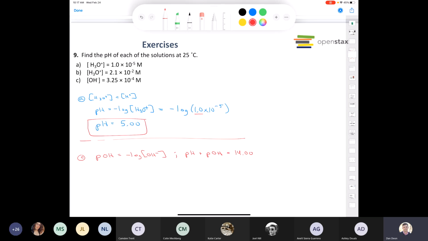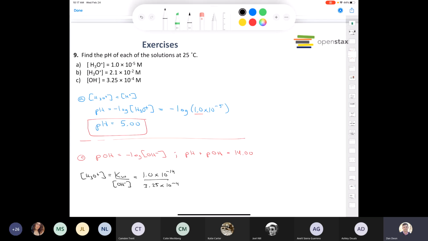I'm going to show you a different way. Why don't we solve for the concentration of hydronium first? Because we know that concentration of hydronium is equal to Kw divided by the concentration of hydroxide, right? We derived that formula a couple of slides ago. So we could say 1.0 times 10 to the negative 14 divided by 3.25 times 10 to the negative 4.